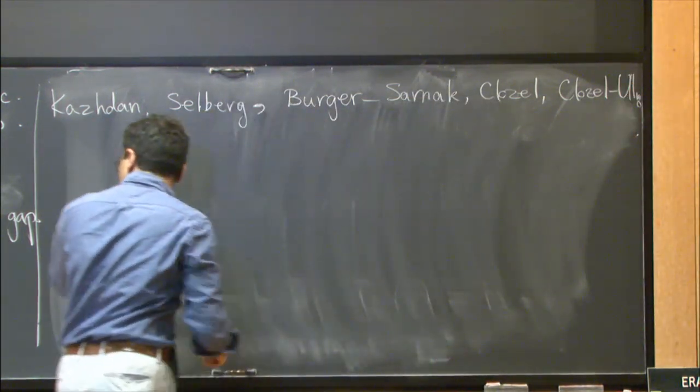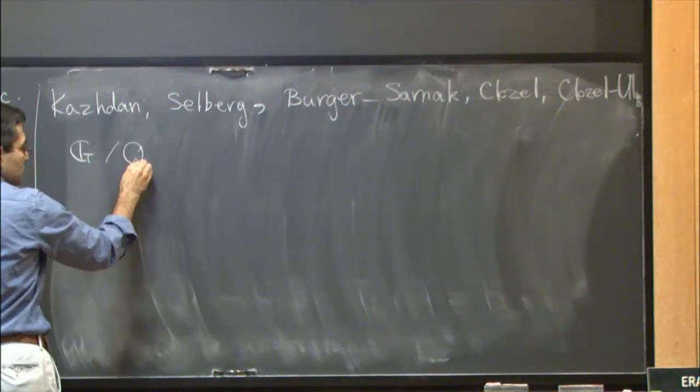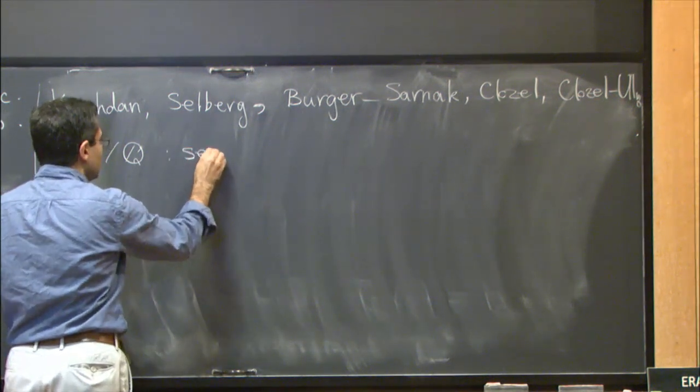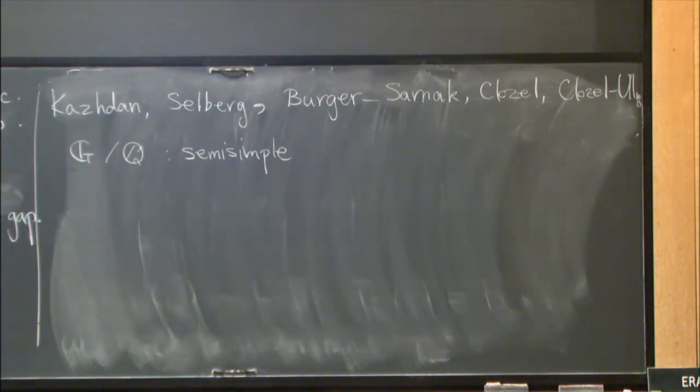So what is the result? They say if G is defined by equations over Q, and let's assume that it's semi-simple, it means that it does not have a normal subgroup that is upper triangularizable with 1 on the diagonal entries.